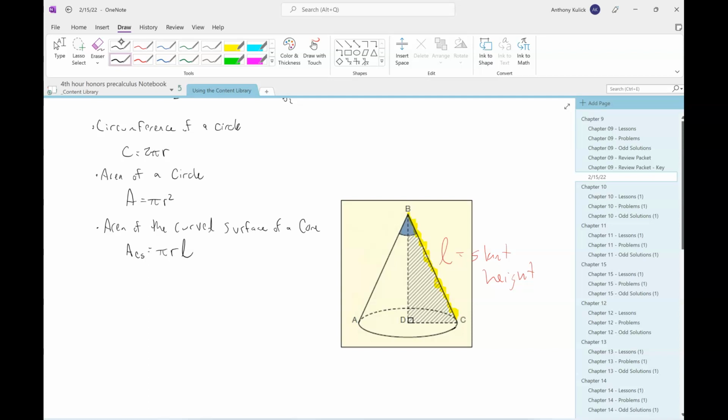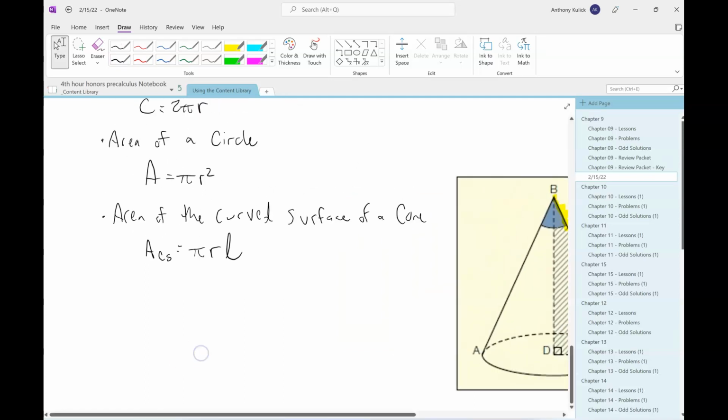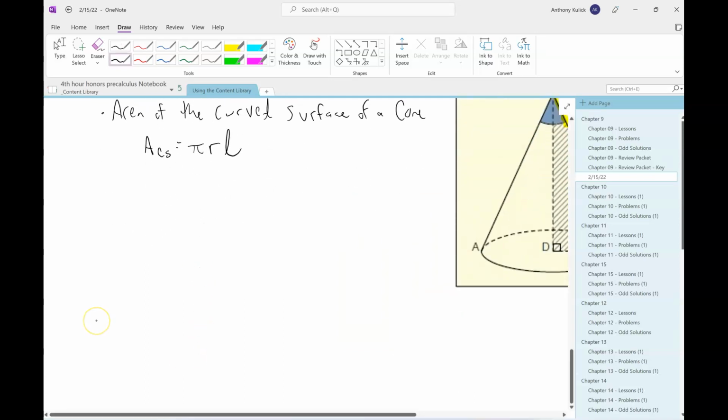Everybody's okay with that piece of vocab there? Notice that I'm using a script L there. Why do you suppose I'm using a script L when I'm writing that? My lowercase l looks a heck of a lot like a number 1. That feels like a boo-boo waiting to happen, hence me using the script L, which doesn't look at all like a number. You know, just some common sense stuff there.